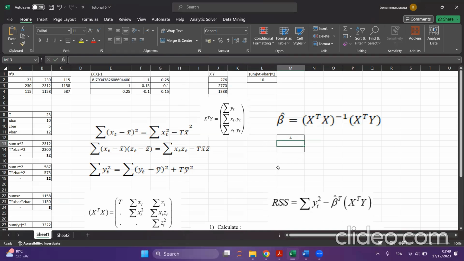So it's 4. The second one, we do the same thing. Go to the second row. It's 0.7.